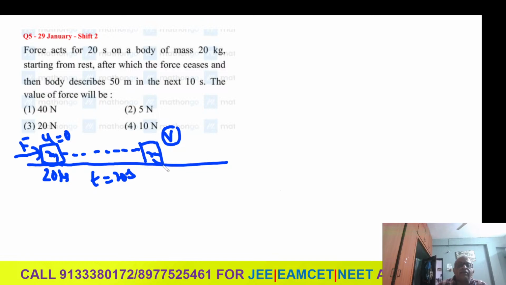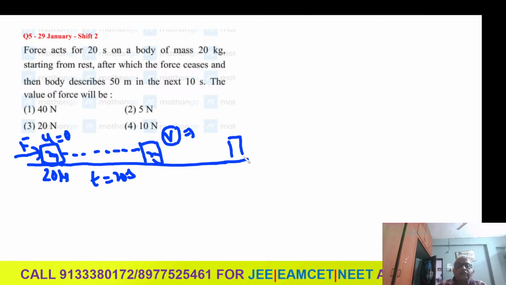After reaching this velocity, it is getting accelerated because the force is there. Because of acceleration, it is moving forward, for 20 seconds.